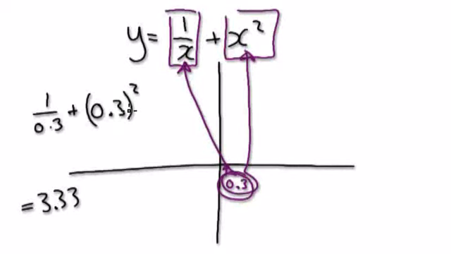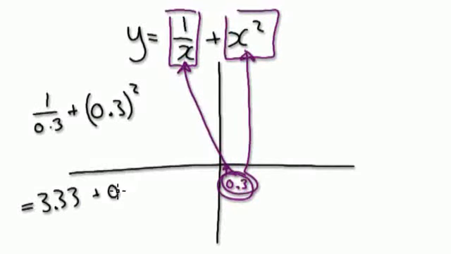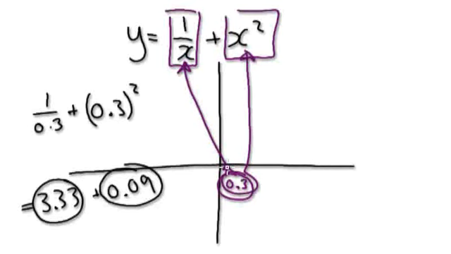And now 0.3 times 0.3 equals 0.09. So here this term seems to be more dominant than this term. Around the 0.3 region, this term is slightly more dominant.